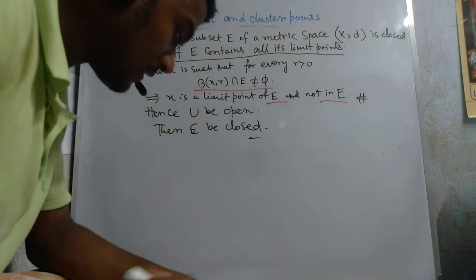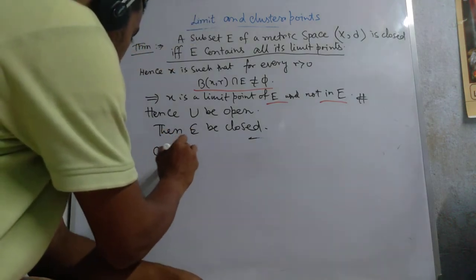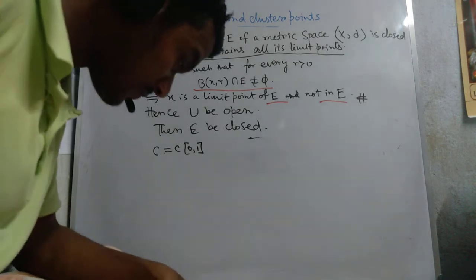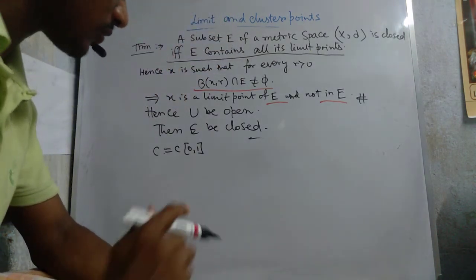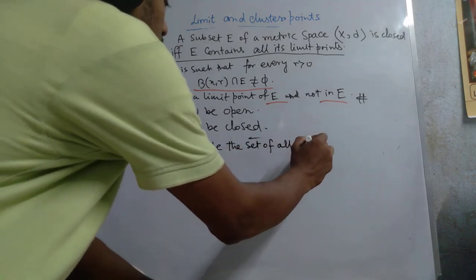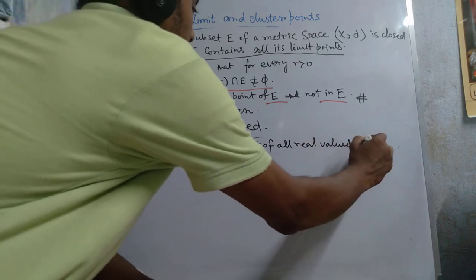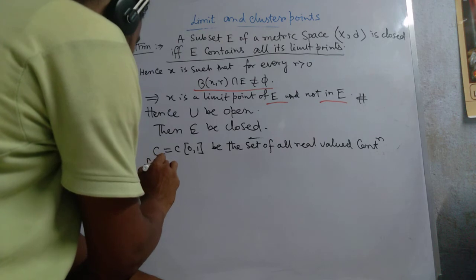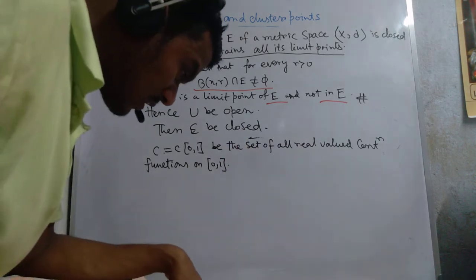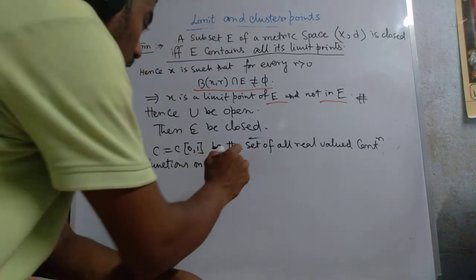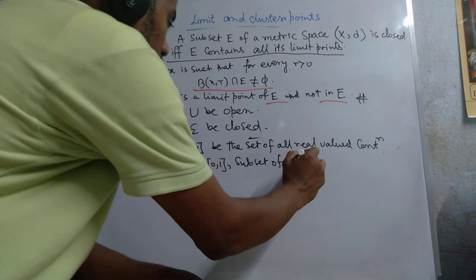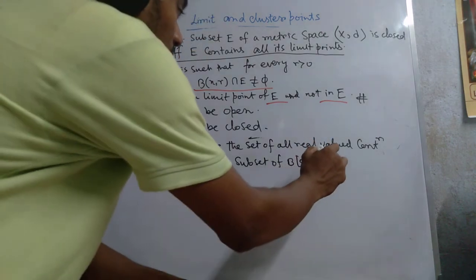Now we see that C = C[0,1] be the set of all real valued continuous functions on [0,1], a subset of B[0,1] under the norm infinity.